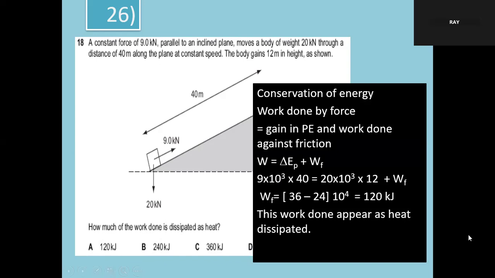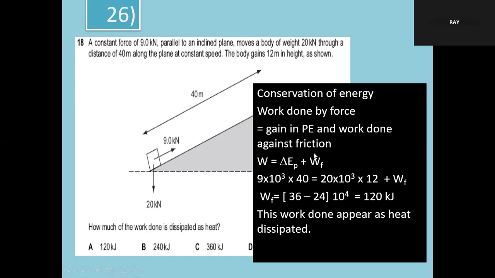Constant speed means there is no change in kinetic energy. So basically the work done by this force causes a gain in potential energy and work done against friction. There's a rough surface there, so there's frictional force.